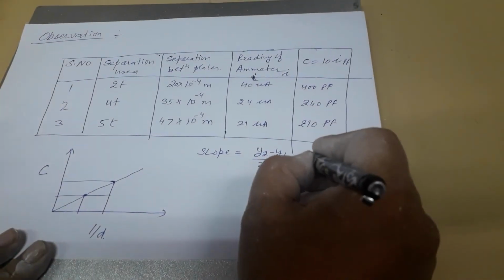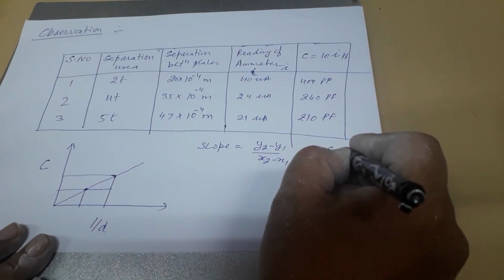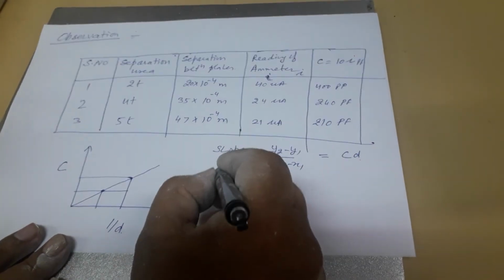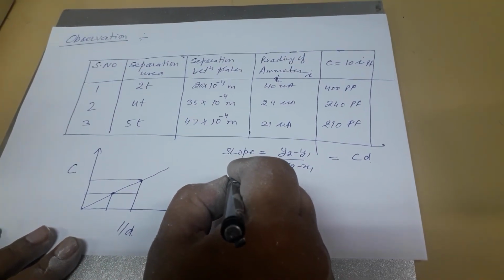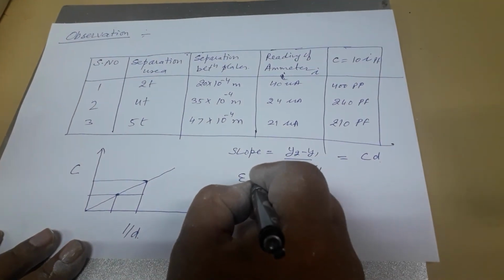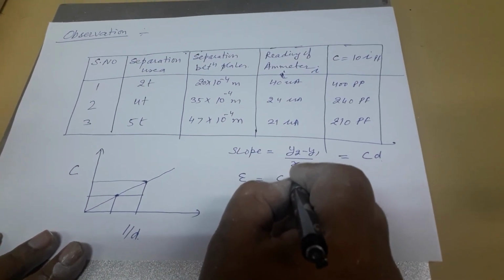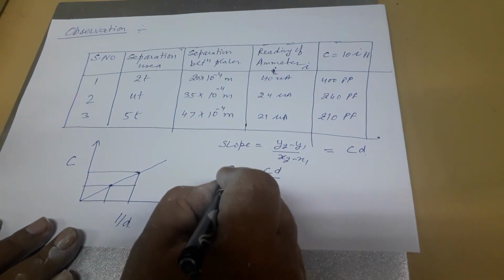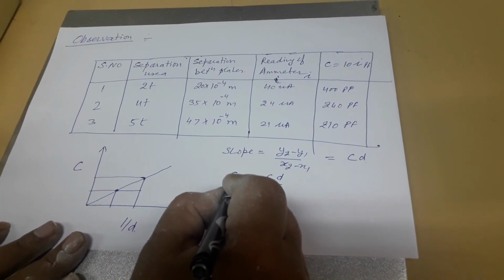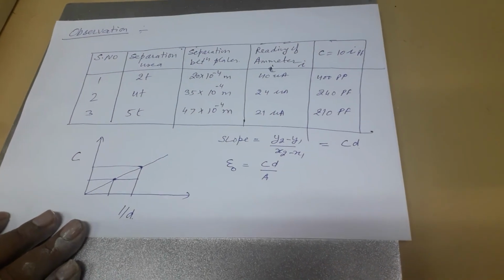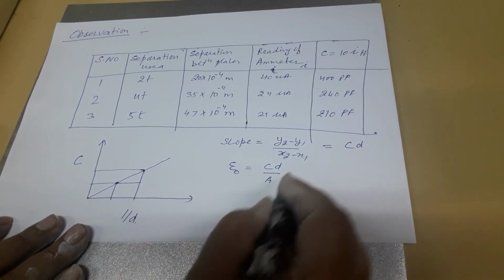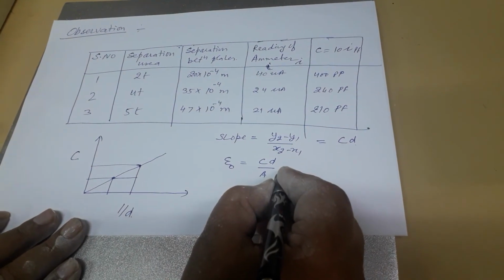So its slope gives us C into d, and we can say permittivity is equal to Cd upon A. As we are providing air between the two plates, that is epsilon naught equals Cd upon A.